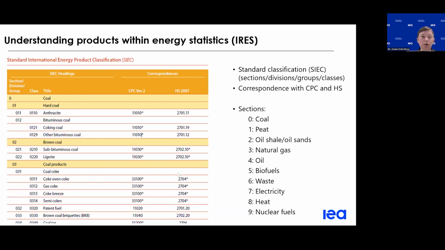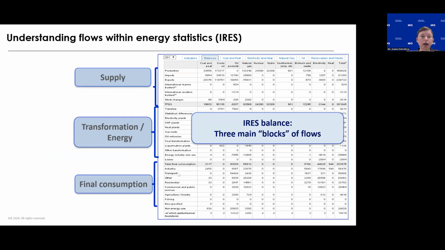We need to include them in the standard classification so that we can trace them in the energy balance. So that update process is currently underway, and in the next year or two, we will have a new, slightly changed SIEC classification.